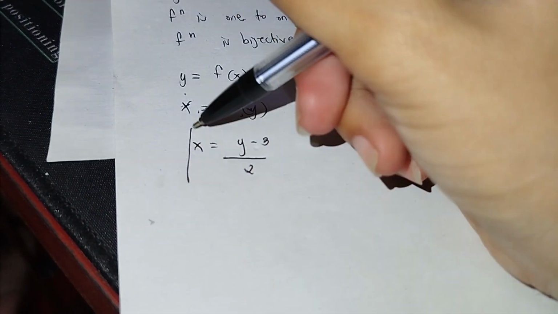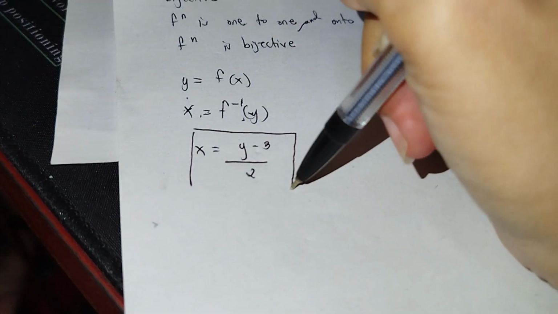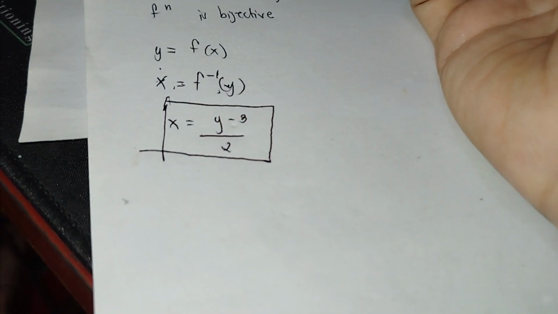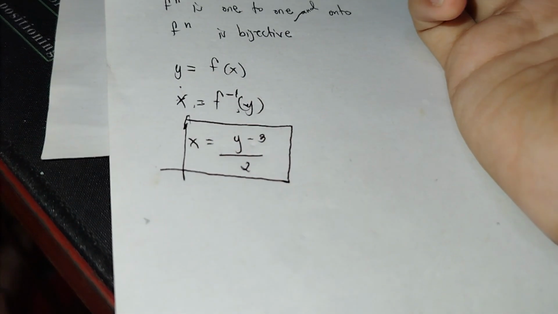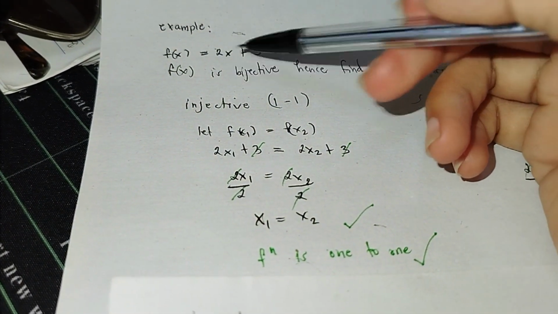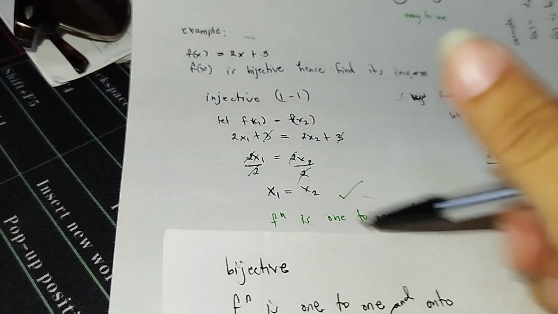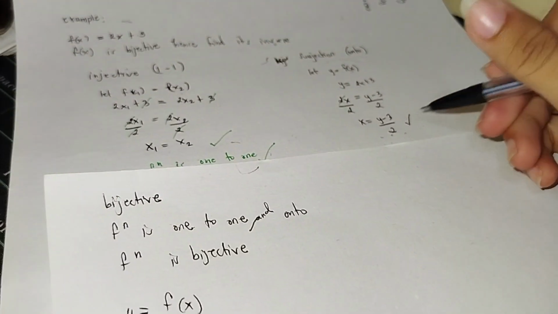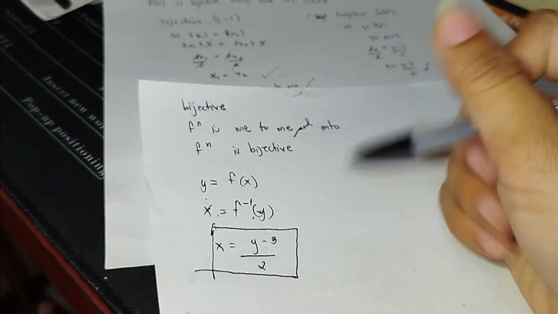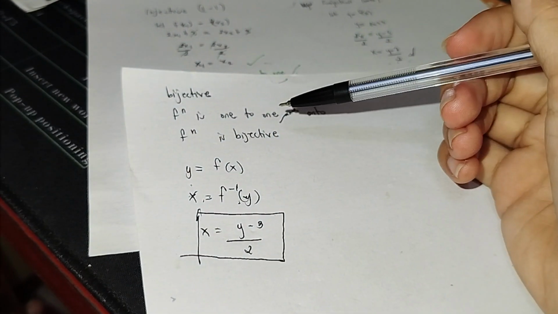So our answer, the inverse we are looking for in the bijection, is x is equal to y minus 3 all over 2. Therefore, this function f of x is equal to 2x plus 3 is confirmed as injective and also as surjective. Therefore, this function is bijective.